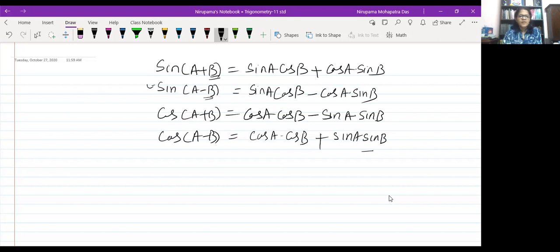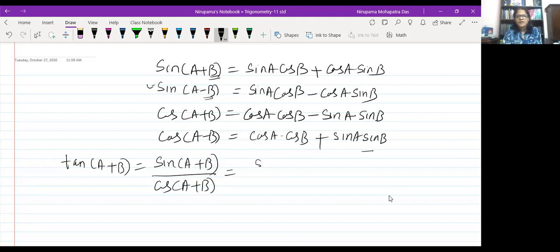Similarly, if you want tan A plus B, as usual you can write sin A plus B by cos A plus B. We know it.